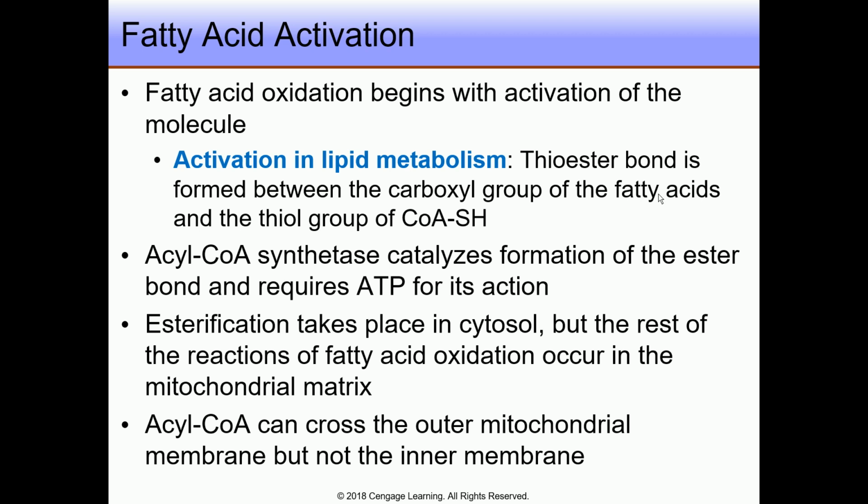If you remember what fatty acids are, they are long chains of carbons and hydrogens with a carboxyl end at the end.